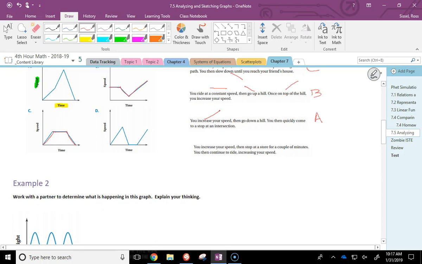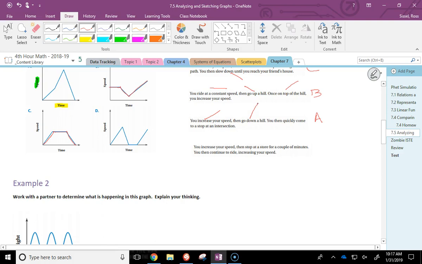So, if I increase my speed, what happens when I go down a hill? What's going to happen as we go down a hill? What's my speed going to be doing? Increase. I like that he said that. Increase more. So the steepness is going to be even more.